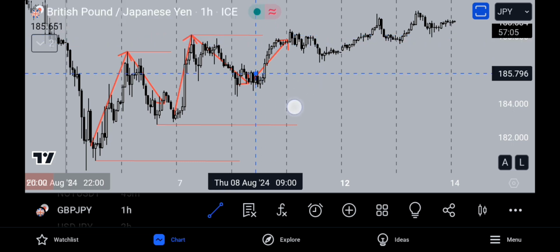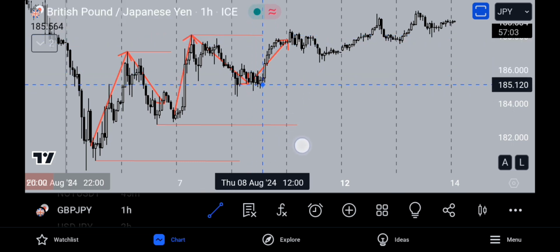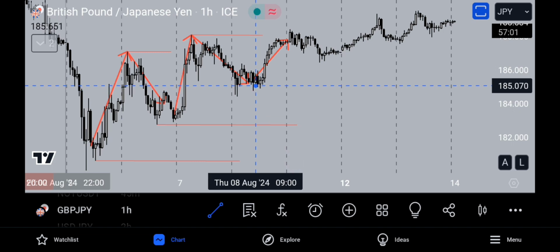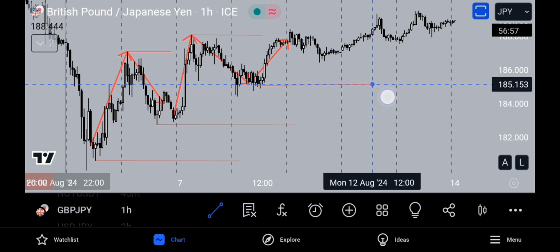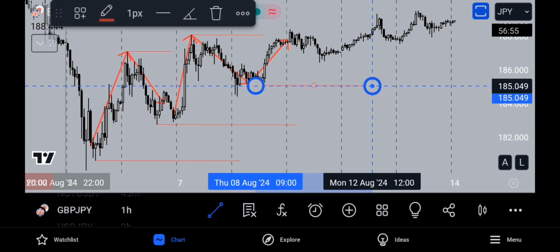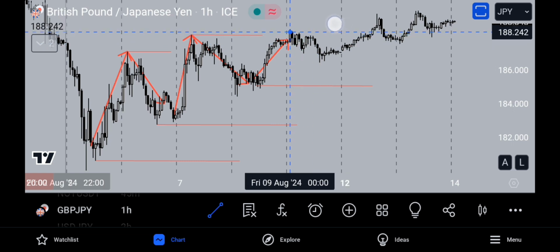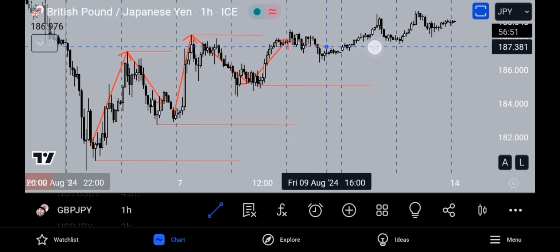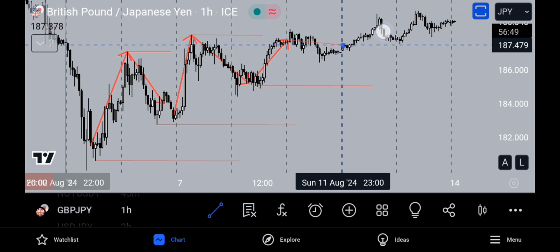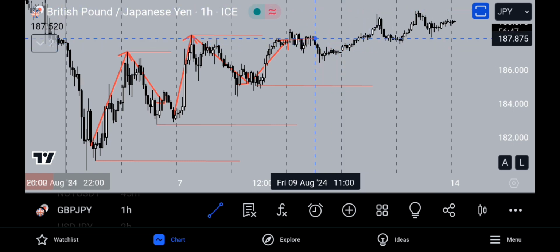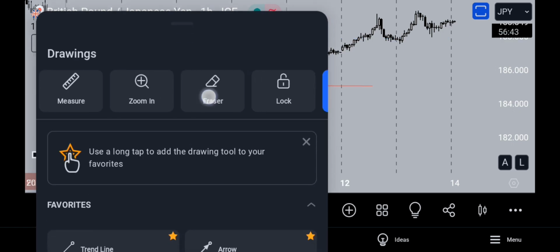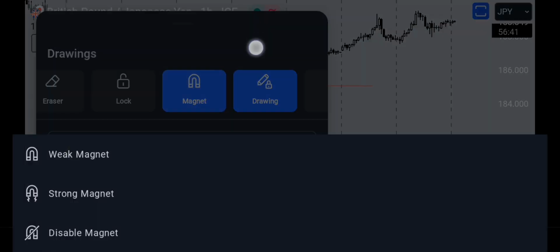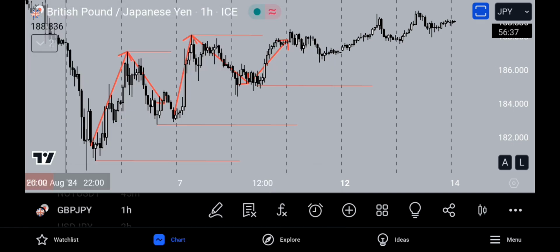The same thing here again, respecting a swing low down here, attacking a swing high up here. Sorry, my lines are not too accurate, so let me just turn on this magnet tool. Sorry, let me take it off so I can draw this easier. Disable. So let's draw that again.